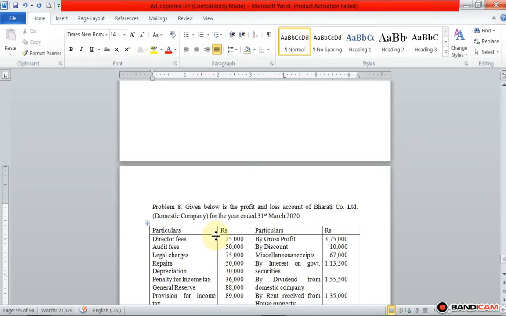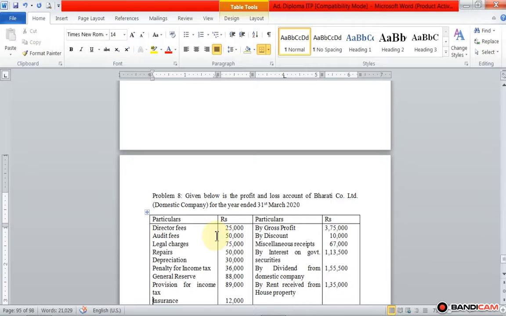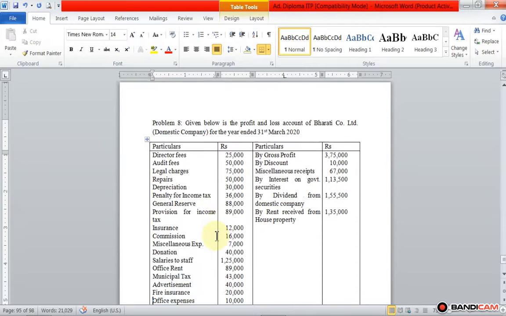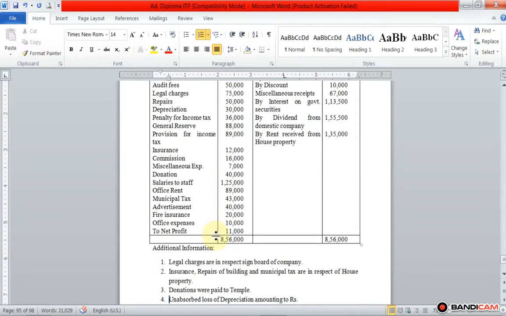Particulars, rupees, but we read the problem from the additional information. First, legal charges are in respect of the signboard of the company, so it is capital expenditure.